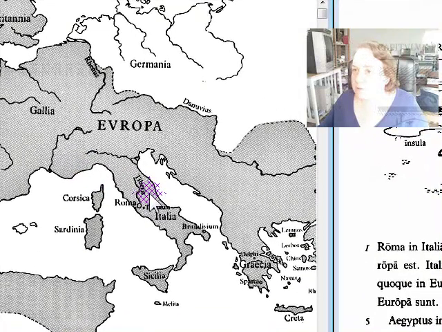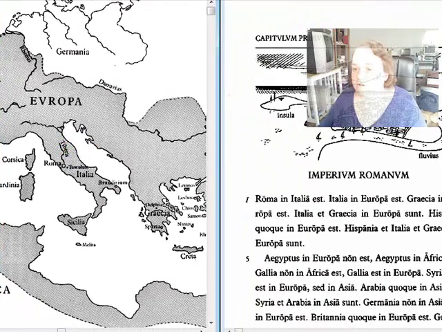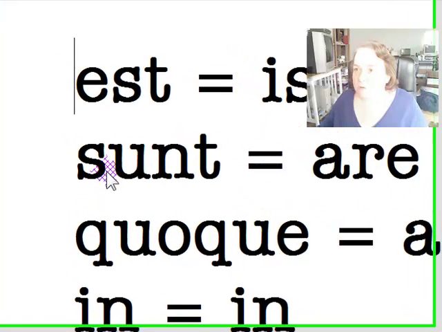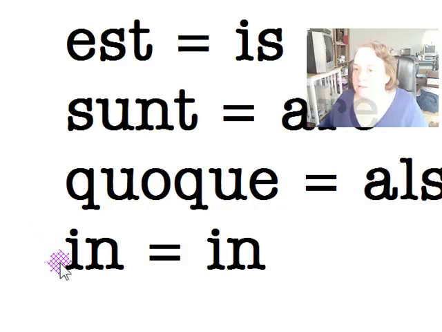You've done a fantastic job figuring out the Latin so far. Here are the new words that you learned besides the new names for the places. Est means is, sunt means are, quoque means also, and in means in and was not changed. Let's go back and read again.